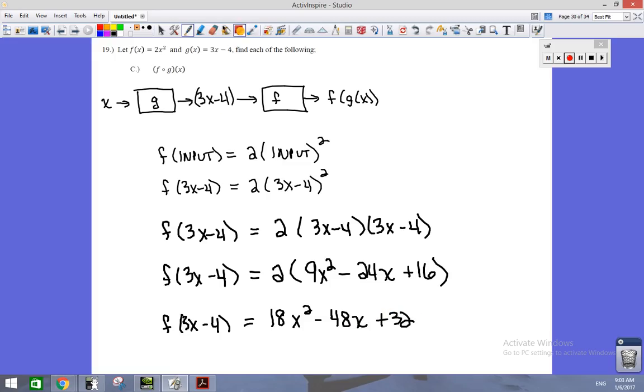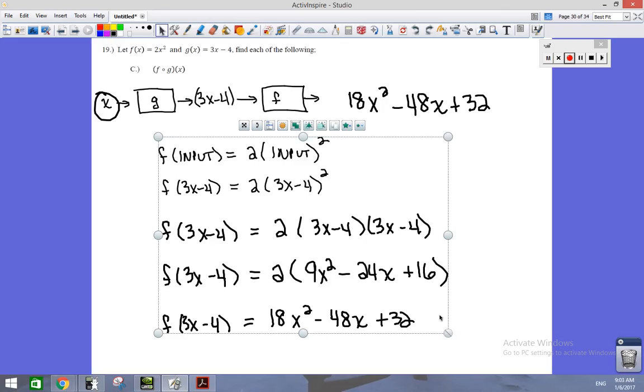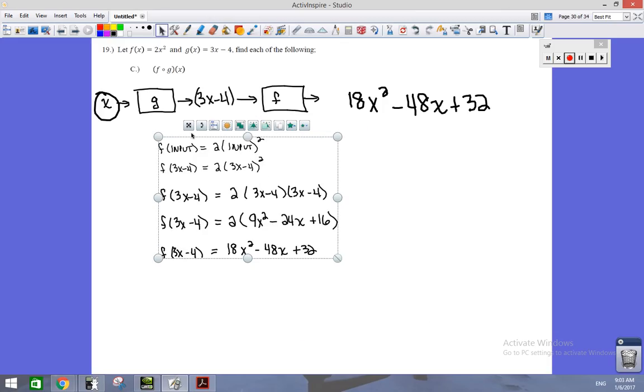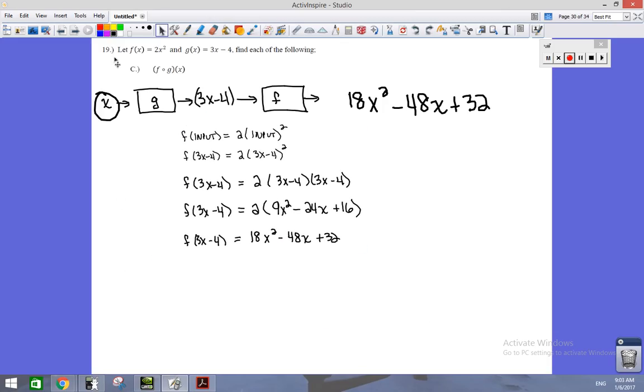I claim that that's going to be the output of this function composition. If you input x, the output is going to be this crazy formula, 18x squared minus 48x plus 32. So let's see if that works for part A. In part A, it asked me to input, what was it, 3?